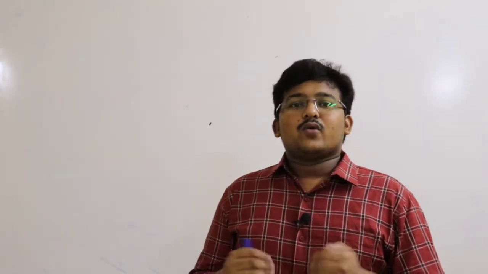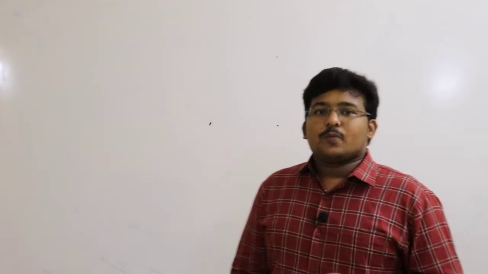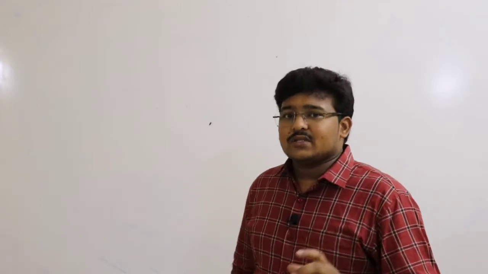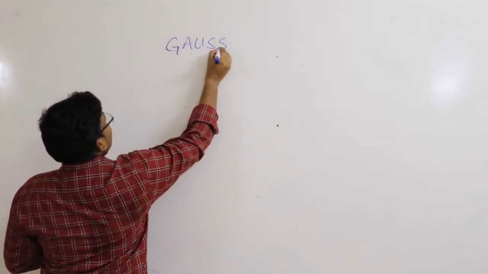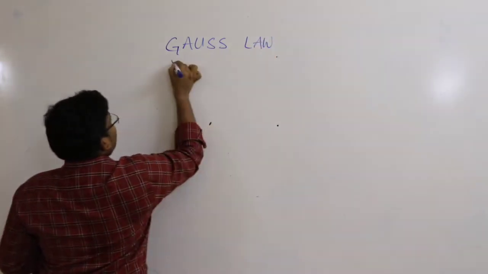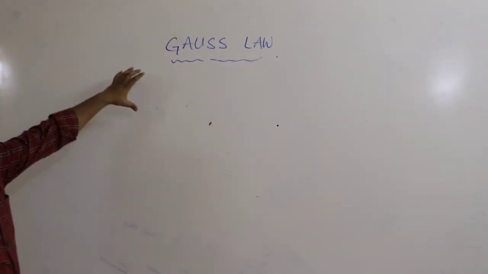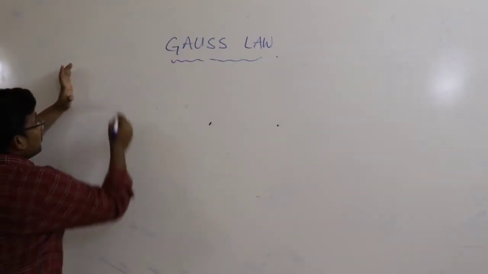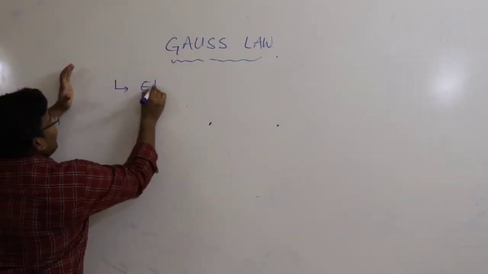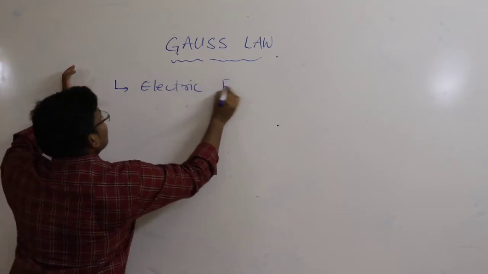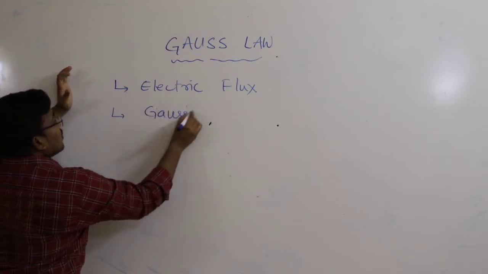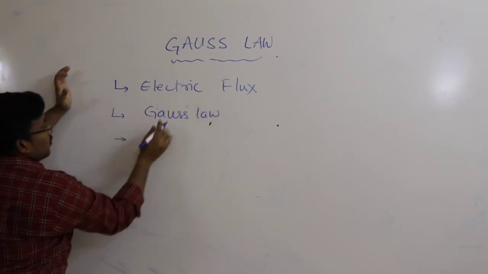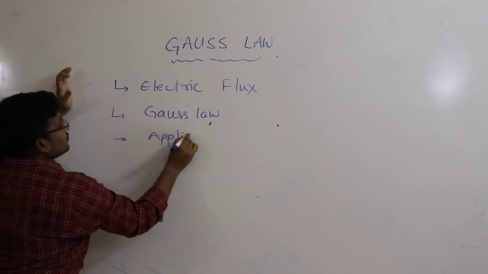Symmetry: if there is a symmetry, then we can use Gauss law to find the electric field. Now, in this class, we are going to discuss three topics. Under Gauss law, we first discuss electric flux, then what Gauss law is, and then the applications of Gauss law.